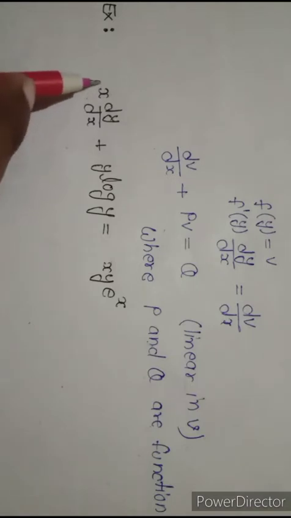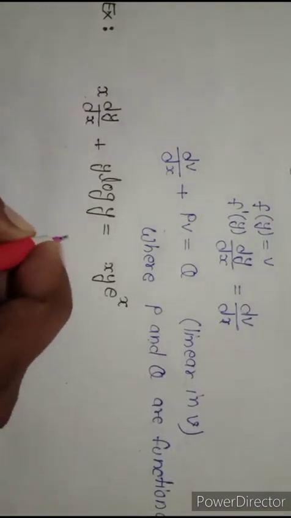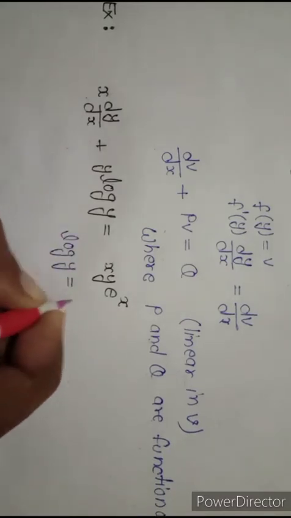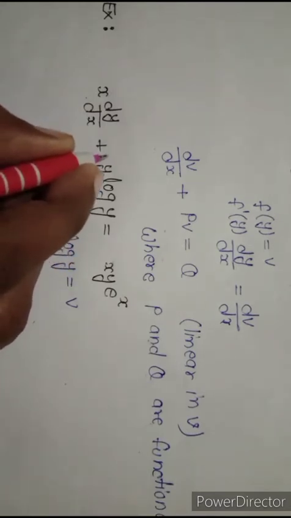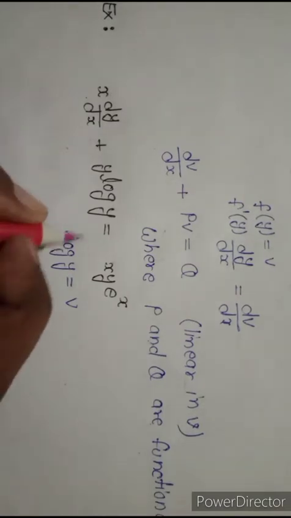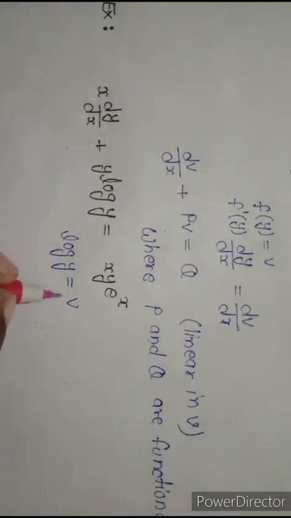Now we will consider log y as v. Since this is creating the problem, if there were only y or some function of x, then we could solve it by the linear differential equation method, but this is creating a problem here, so I will take log y as v. Now I am going to differentiate it with respect to x.